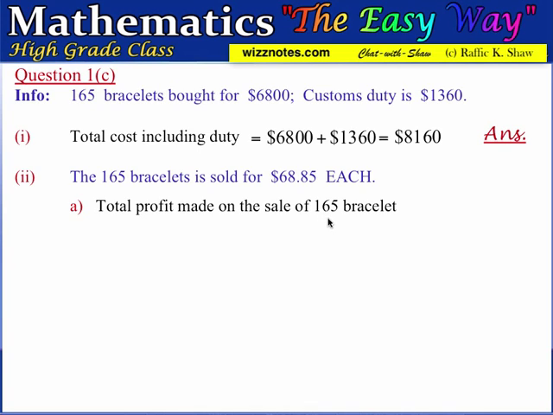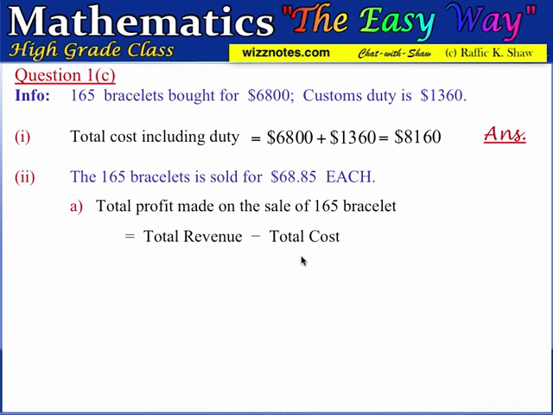So the total profit will be the total sales or the total revenue minus the total cost for the 165 bracelets. And so the calculation will be this.